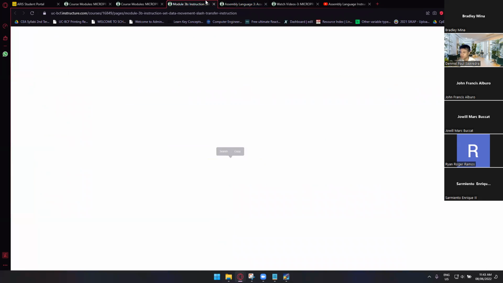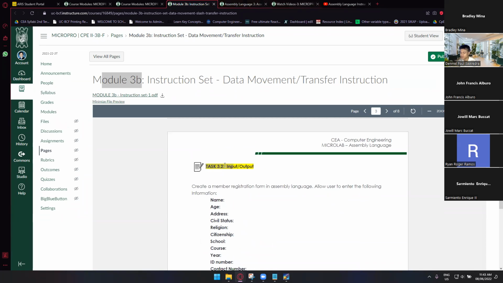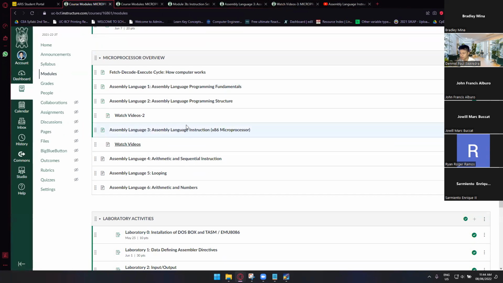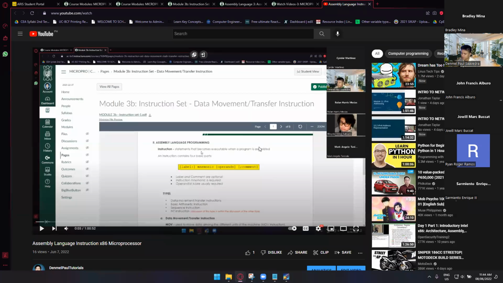So lab number 2 and then task 3.2, they are just the same. Anyway, this is an hour lecture. I hope you guys have already tested or tried some of the examples on module 3. Some of them don't work as they should on the MU886. Maybe it's because of a compatibility issue, since the one used by Ma'am Suarez was the DOSBox or TASM.